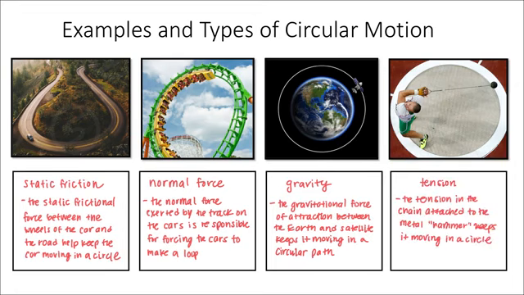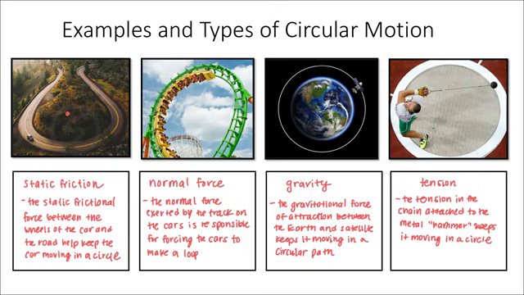I'd like to take a moment here to point out a distinction between circular motion and rotational motion. Circular motion is the motion of an object in a circular path where the point about which it's moving in a circle is outside of that object. So what I mean by that is if you look at the car traveling on this curved road, the center of that circle is right here, right?